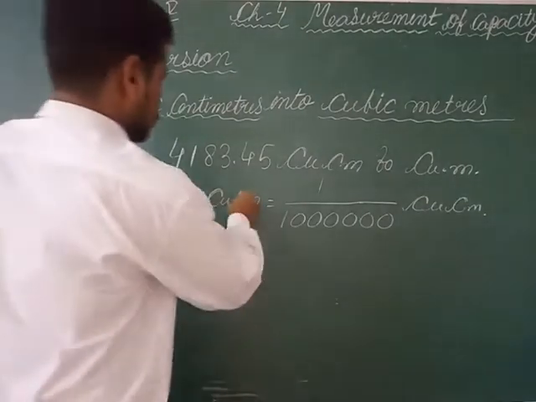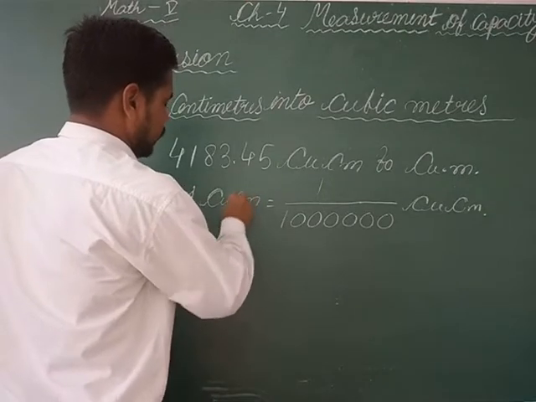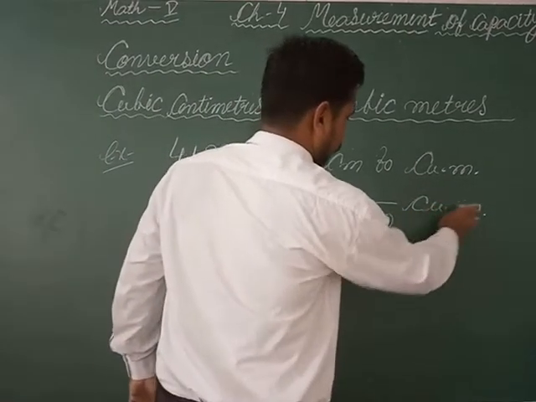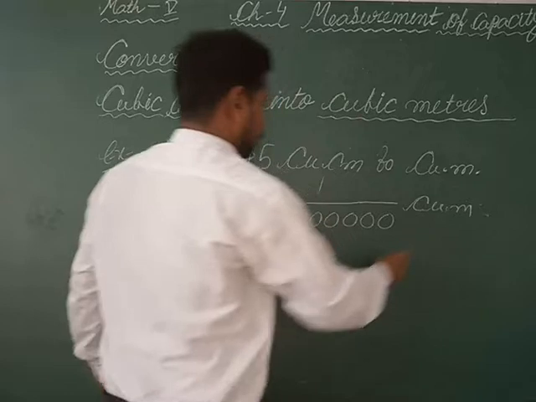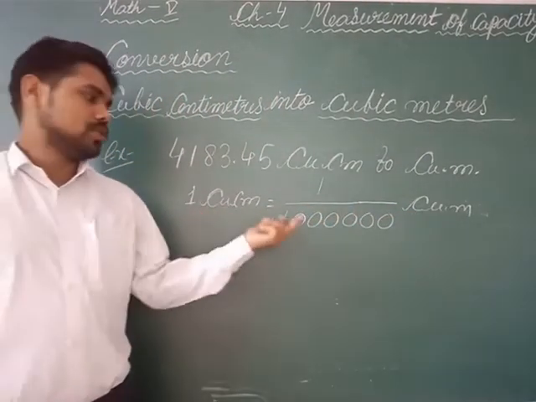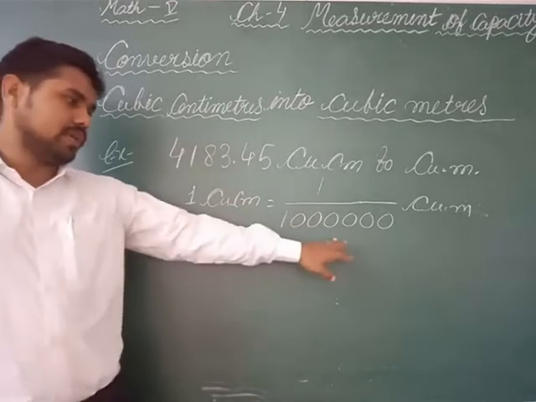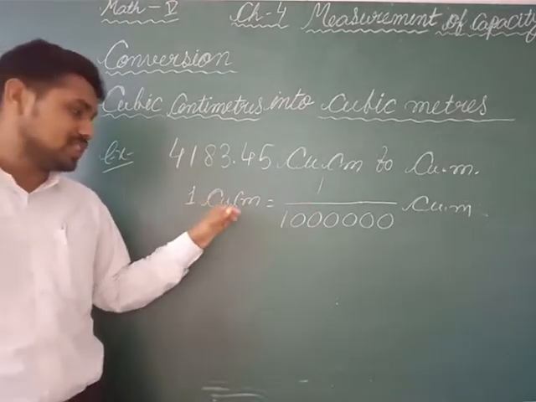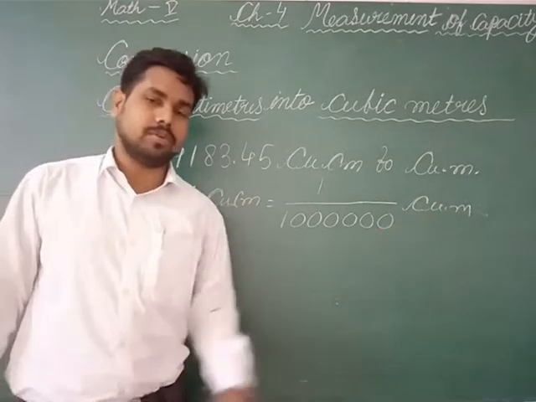Sorry, this is cubic centimeter and this will be cubic meter. Because 1 cubic meter is equal to this much of cubic centimeter, so 1 cubic centimeter is equal to 1 divided by this much of cubic meter.